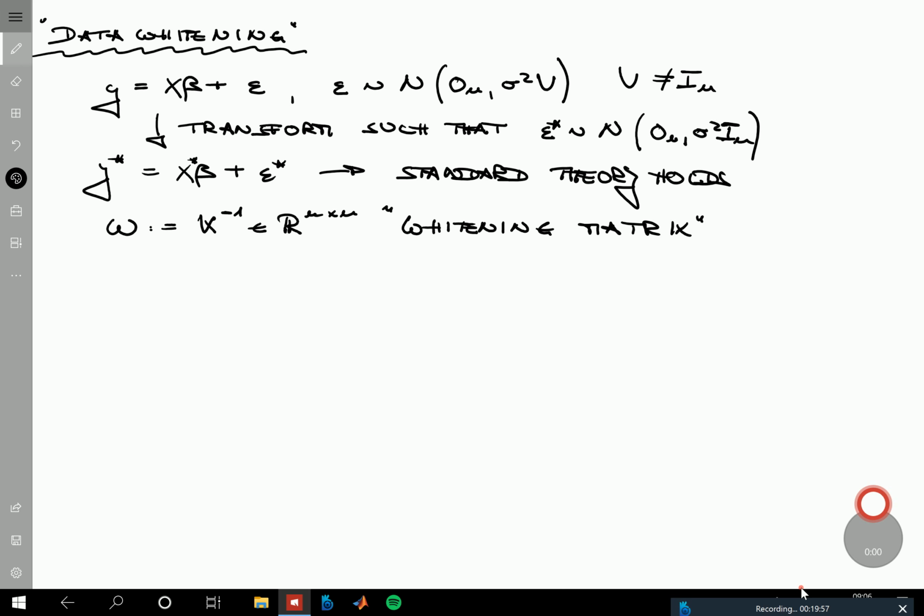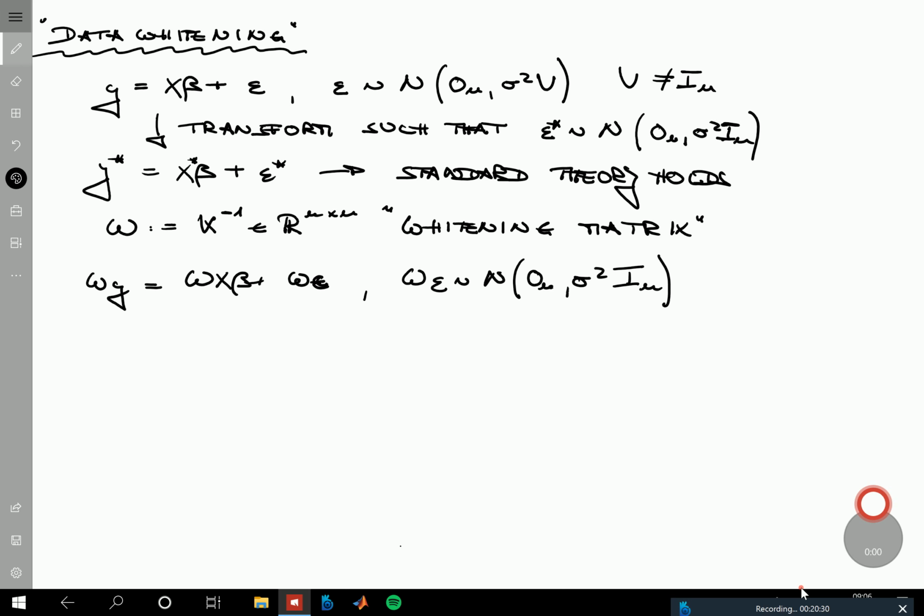And if we now set Wy being Wx beta plus W epsilon, then our W epsilon is distributed again to a normal with a spherical error covariance matrix.